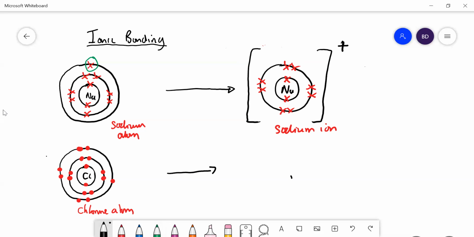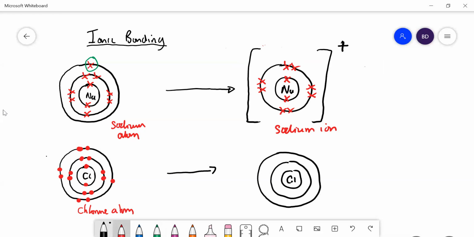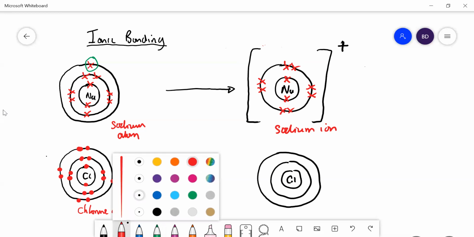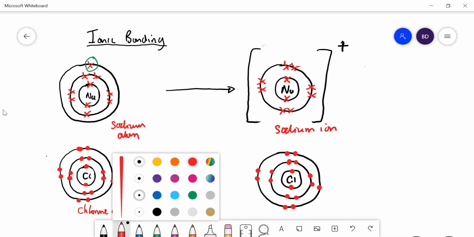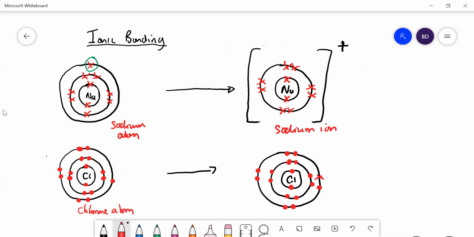So here we've got Cl. The inner shells are the same, so you end up with 2 in the first shell, 8 in the second shell, and it's got 7 of its own electrons in the outer shell, plus this one here, which I've drawn as a cross, which has come from the sodium atom.